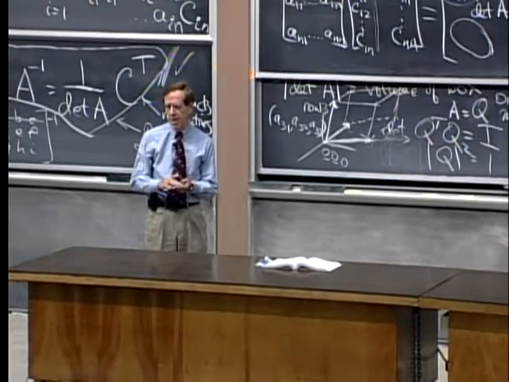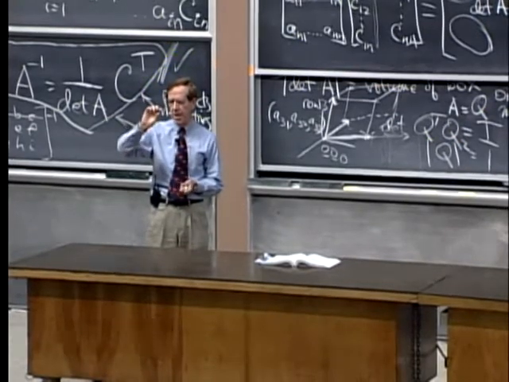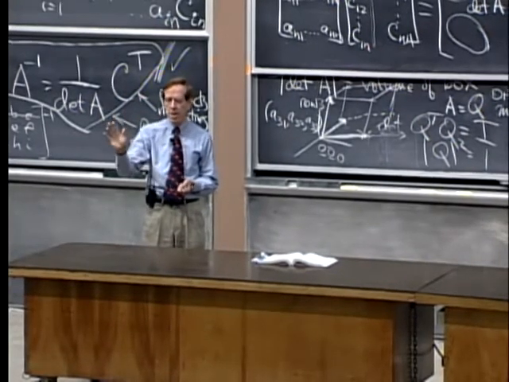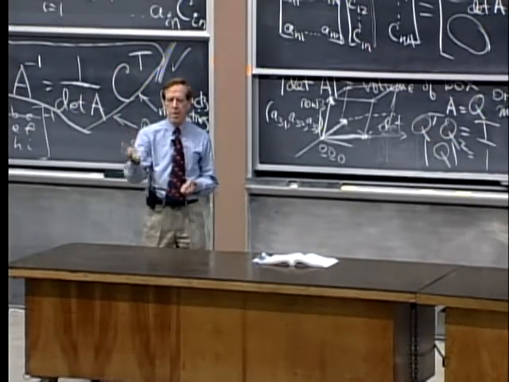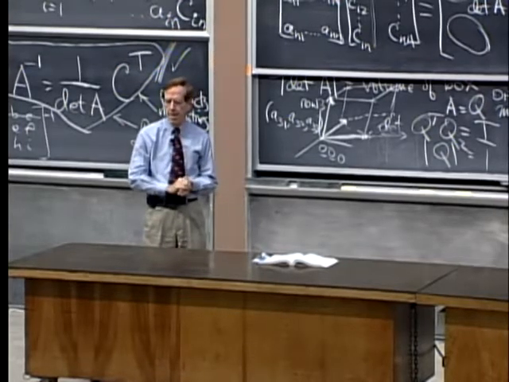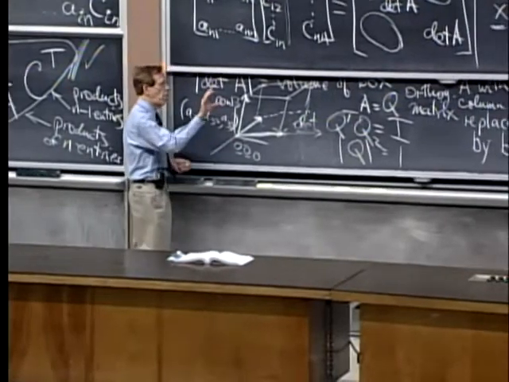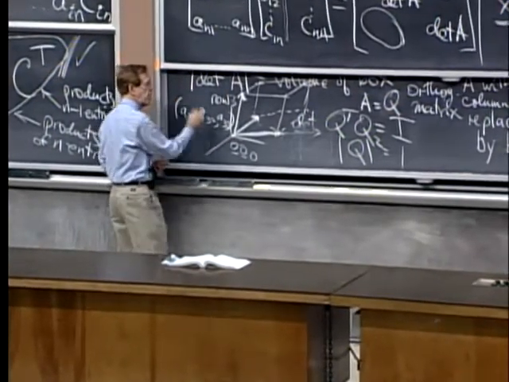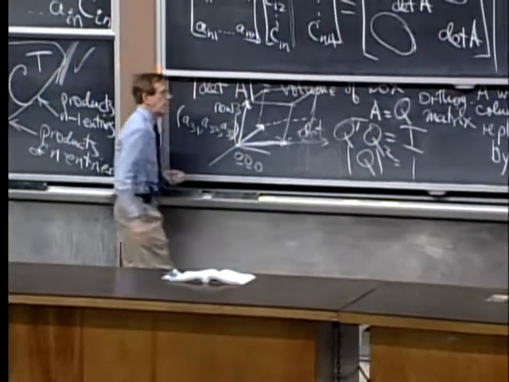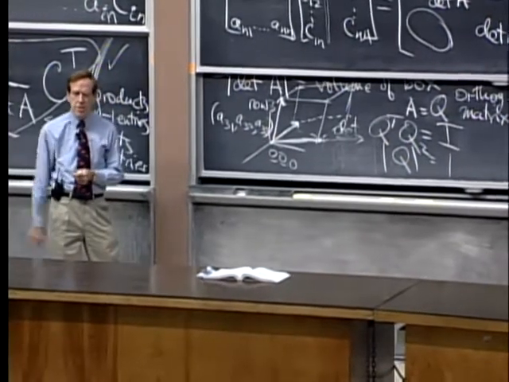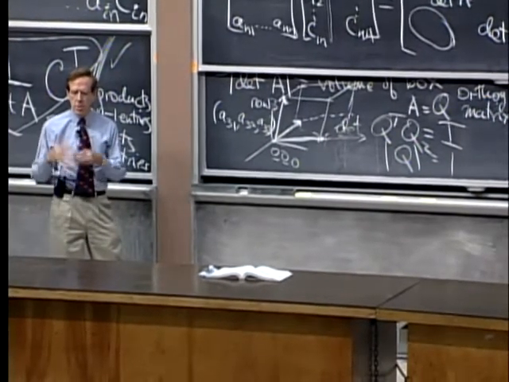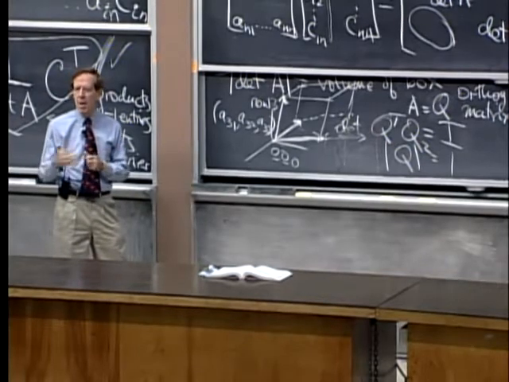Remember, rule 3a was that if I had a factor t in row 1, I could factor it out. So if I have a factor 2 in that row 1, I can factor it out of the determinant. It agrees with the volume of the box having that factor 2. So volume satisfies property 3a.